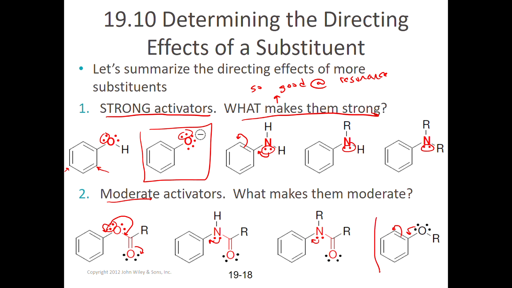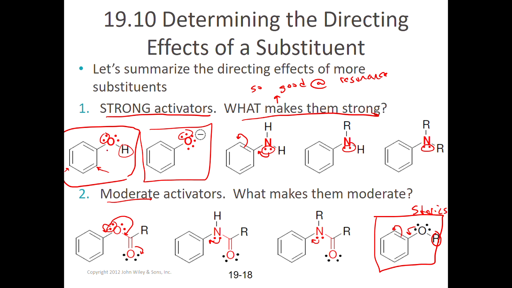And so what's the difference between this one here and this one here? They look very similar. Well, the difference is I've got an R group here, obviously, instead of a hydrogen. And so what that does is it creates a situation where this is going to have a fair amount of sterics versus this one, right?